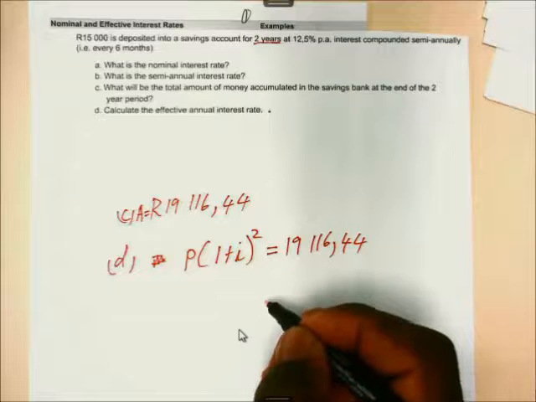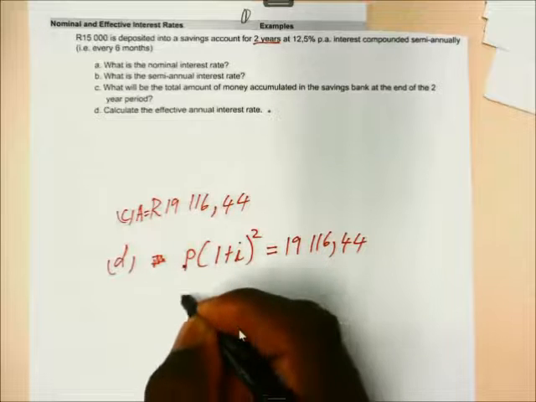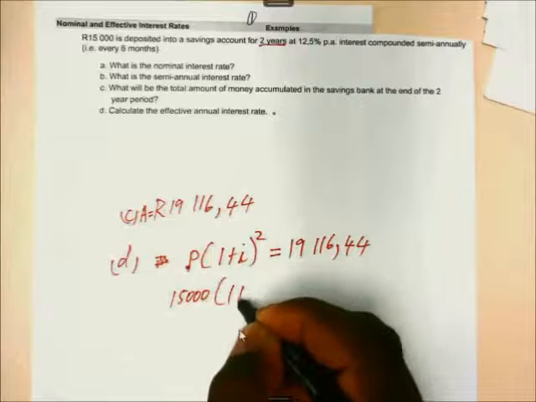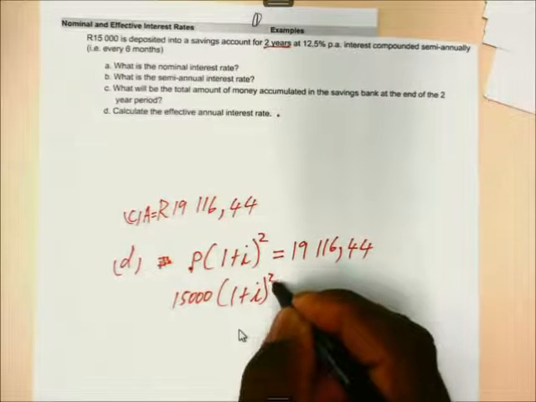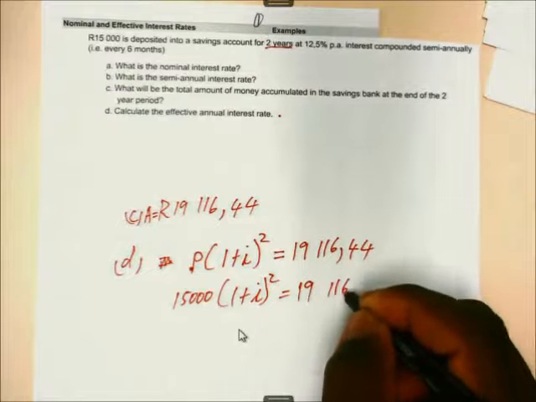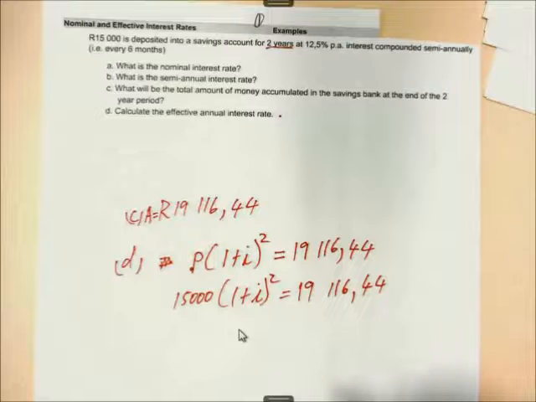We substitute P, it's 15,000 into 1 plus I squared equals 19,116.44 cents.